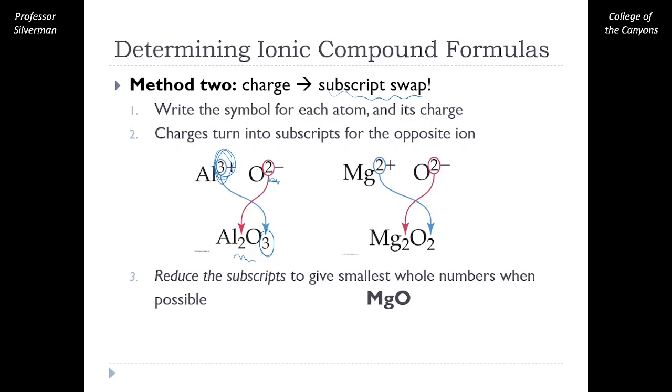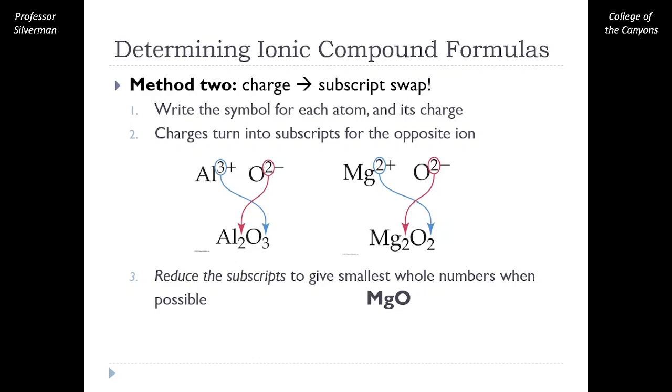Notice here, we're only taking the numbers in our charge, not the sign. It doesn't make sense to write -2 for our subscript because we can't have negative numbers of atoms. We do want to have 2 of these aluminums, even though there's a negative sign up here. Again, we have one last step.